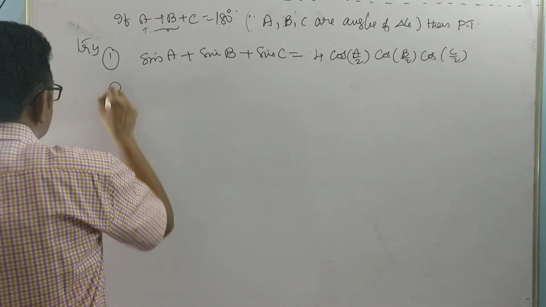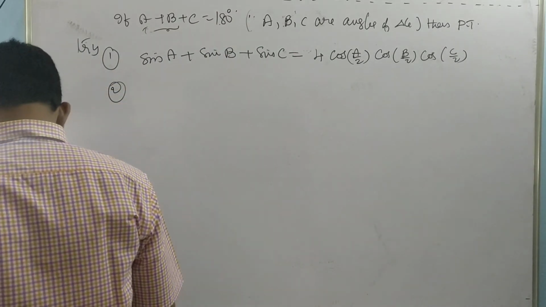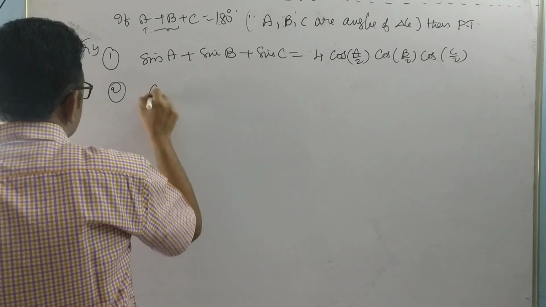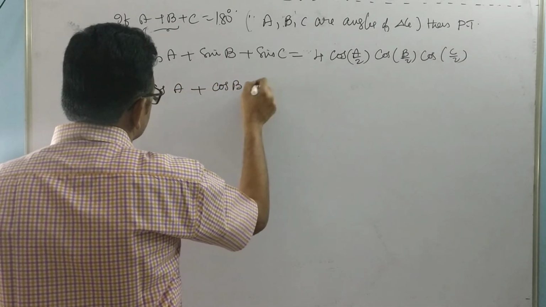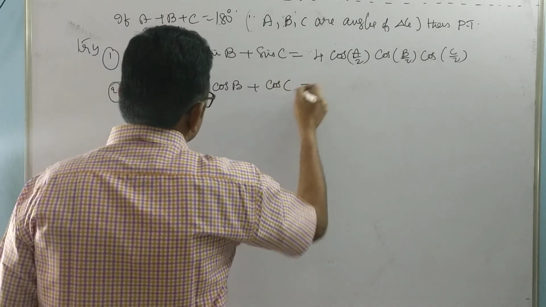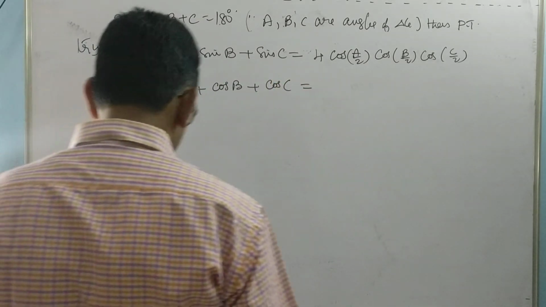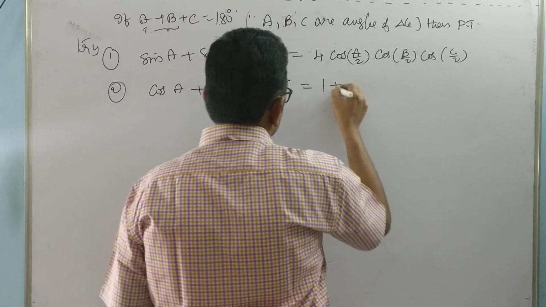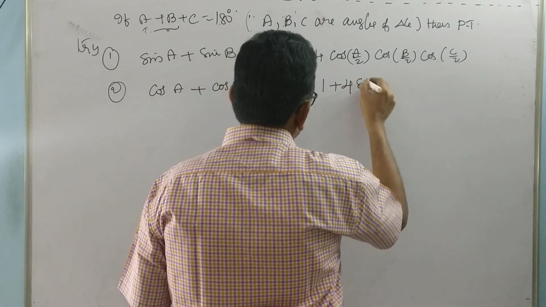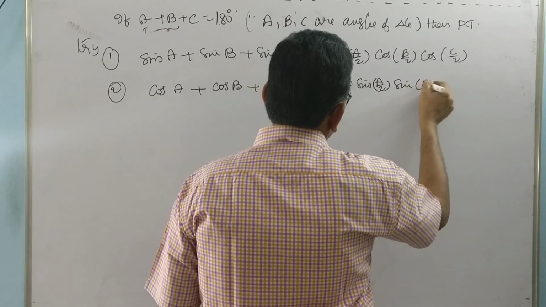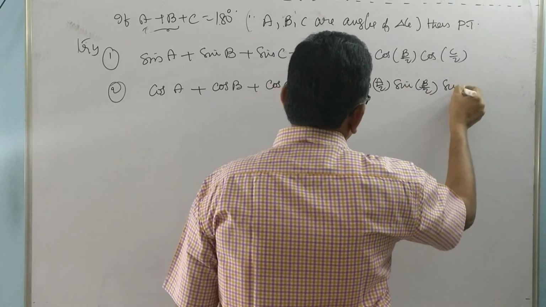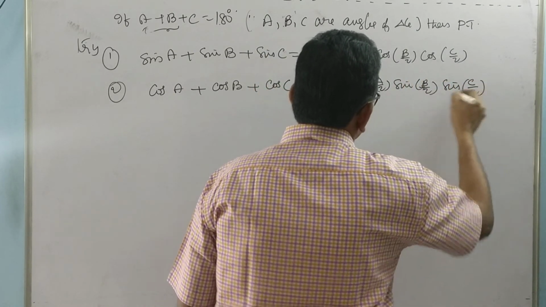And the second one, prove that cos A plus cos B plus cos C is equal to 1 plus 4 sin A/2 into sin B/2 into sin C/2.